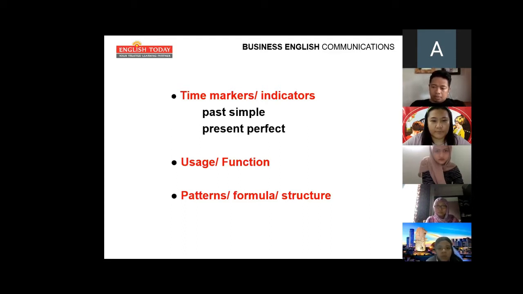And then there are also keywords or clues that you can use, and we will also deal with time markers. Time markers, time indicators, whatever you call that, are the keywords that can help you to differentiate. Oh, it's about past, so we need to only refer to past situation, not until now. We'll go through those things in a moment.